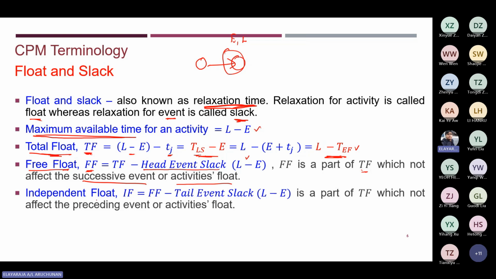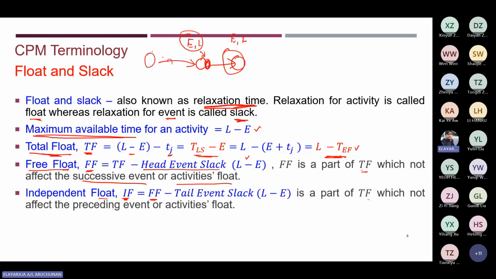All right, next is independent float. We usually denote independent float with IF. The formula for the independent float is your free float minus the tail event slack. The tail event slack is this part. Say you have another E and L, so L minus E, and you get the value from here in order to get the tail event slack. It is also a part of the total float which does not affect the preceding event or activity float, which means whatever value you obtain for the independent float will not affect the preceding activities, which are the activities before this.